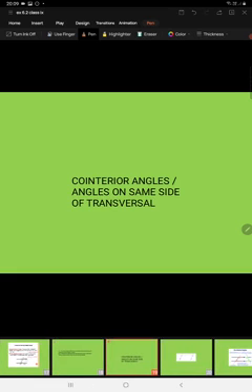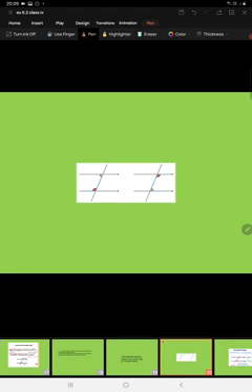The next important type of angle is co-interior angles, and in the book it is written as angles on the same side of the transversal. As the name indicates, these are interior angles, again interior angles, but on the same side of the transversal, on this side and this side.